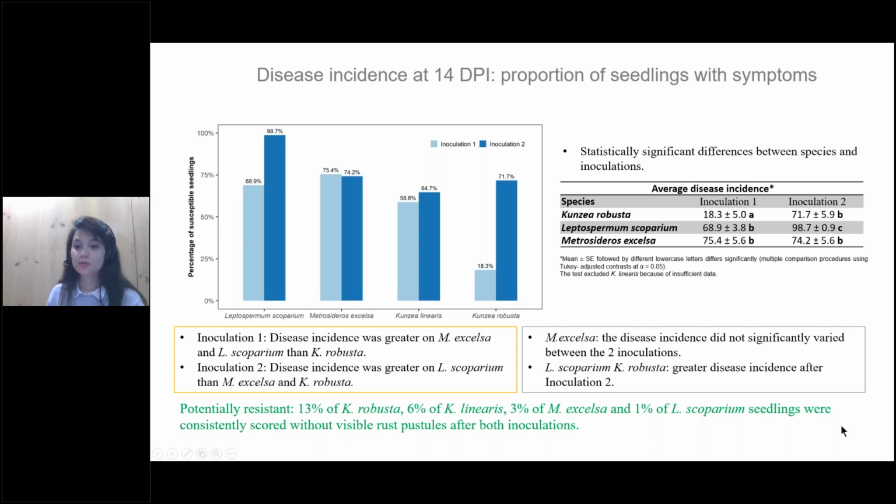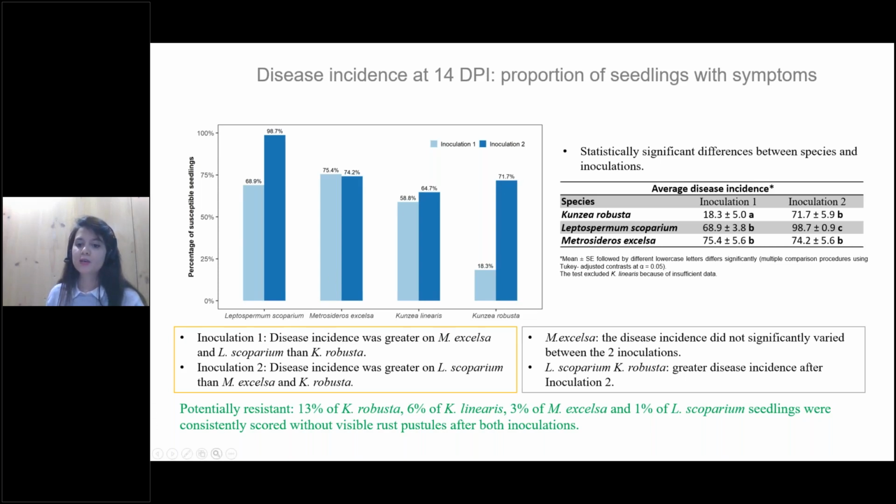After inoculation 2, Leptospermum scoparium became the most infected species with around 98% of all the inoculated seedlings infected, followed by Metrosideros excelsa, 74%, and Kunzea robusta, 71%.